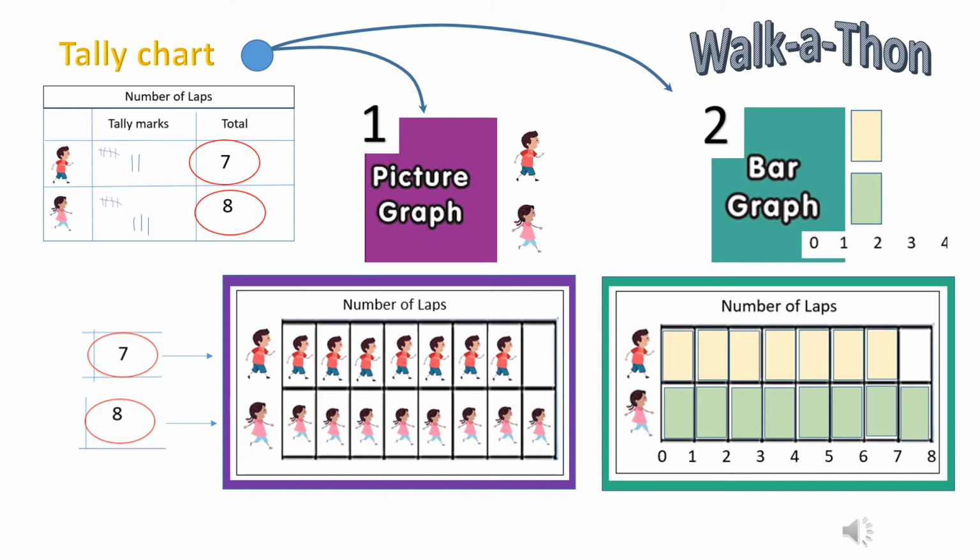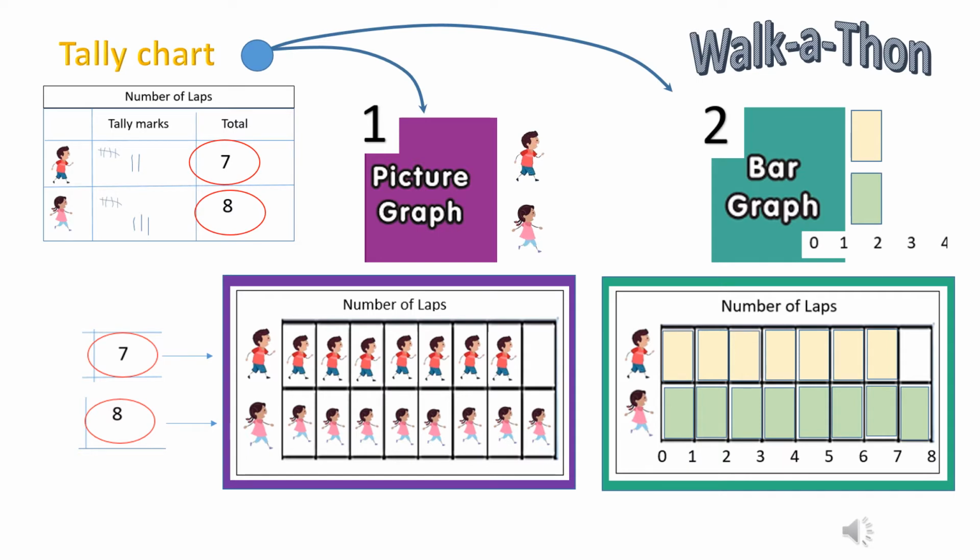Okay, on this page you see that the picture graph is in purple and the bar graph has a green border, and you can see where I've put the 7 for the boys and the 8 for the girls.